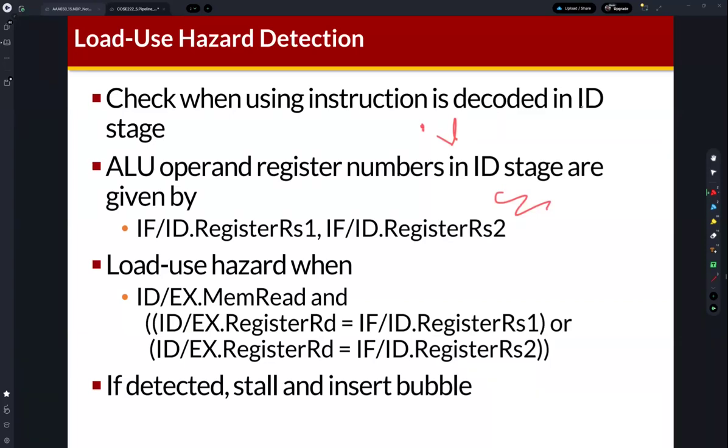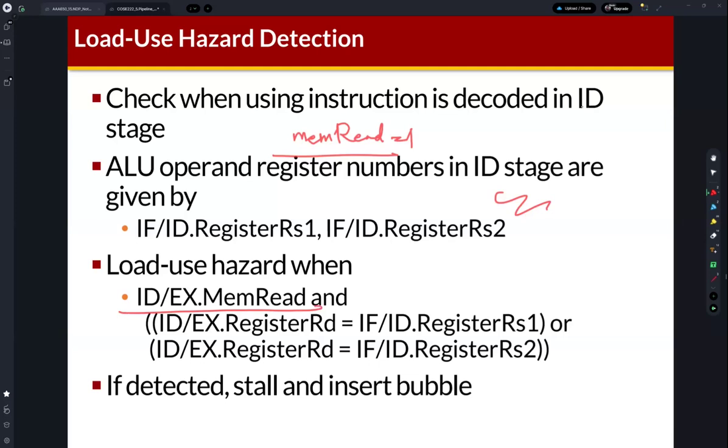Our main control unit checks the opcode field of an instruction, and if the instruction is a load instruction, it generates the MemRead signal. So when the MemRead signal is 1 from the main control unit, we know that this is a load instruction. So we can detect this load instruction.